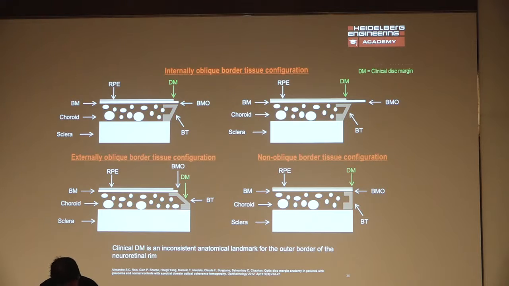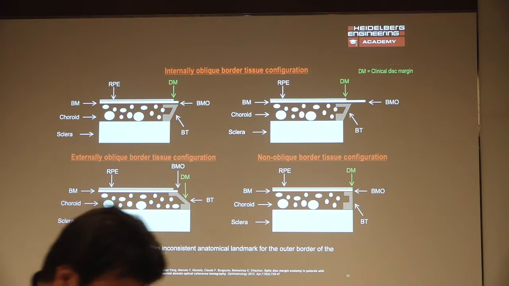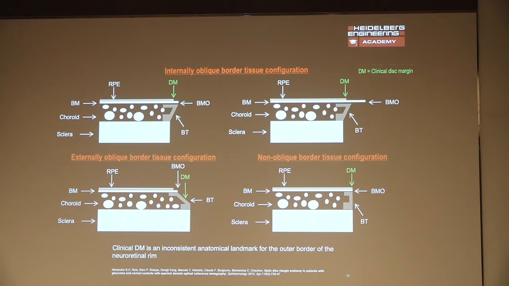Let me also say something about the configuration of the border tissue. The border tissue of the L-SNC is a fibrous tissue connecting the scleral lip, the inner scleral margin, to the Bruch's membrane opening. So it can have different configurations. When you have a non-oblique border, they correspond to each other, so whatever we see clinically is going to be the actual one.